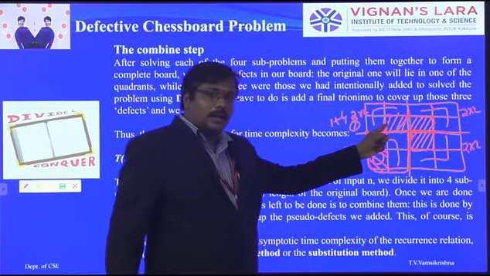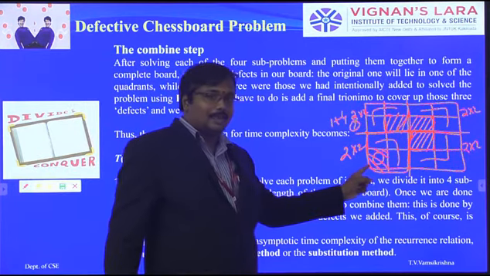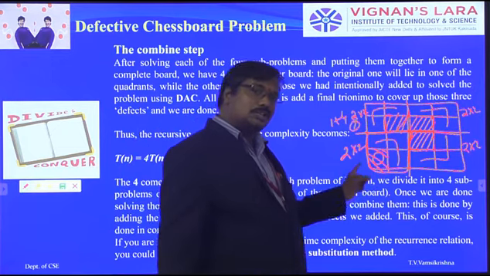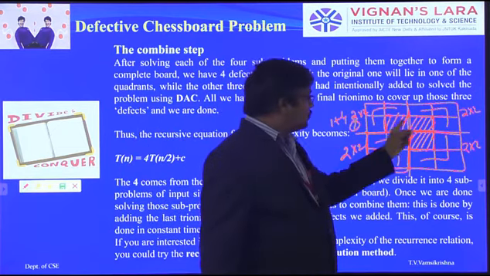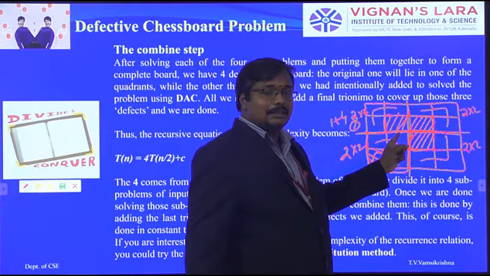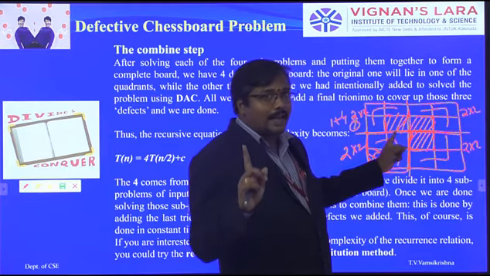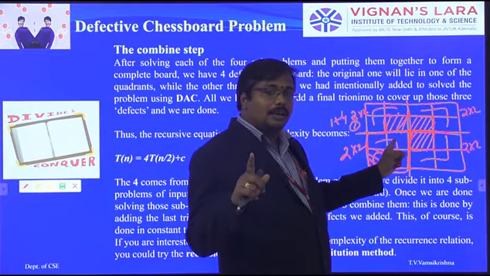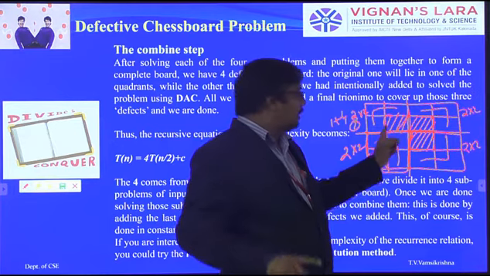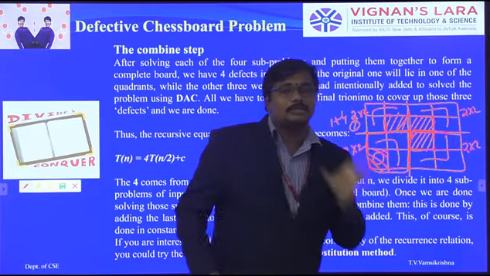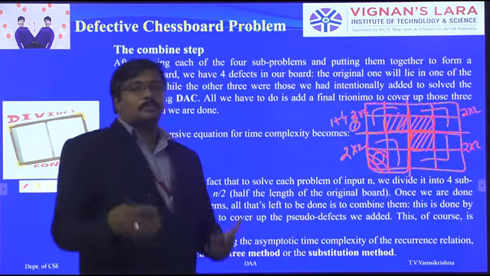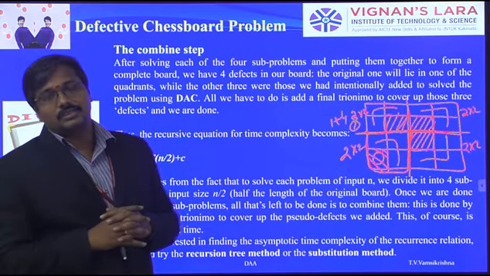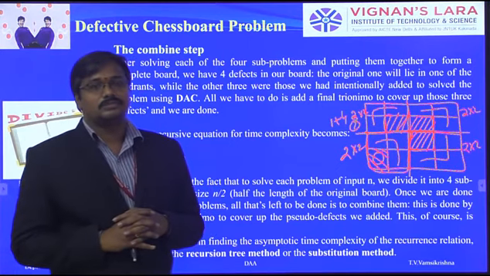The original defective tile is there, but in addition to this, we need to assume 3 defective tiles like one triamino. The triamino and the 3 defective tiles should be covered by the 3 smaller problem instances. Then your problem is very easy. That is the recursive step concept.